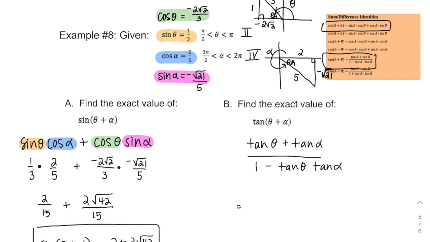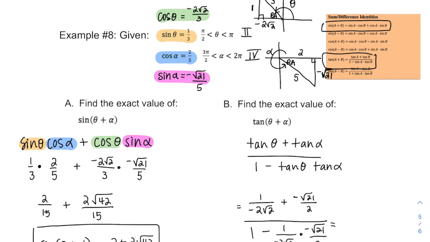Tan theta is opposite over adjacent, which is 1 over negative 2 root 2, plus tan of alpha is opposite radical 21 over adjacent 2, all over 1 minus 1 over negative 2 root 2 times negative root 21 over 2.